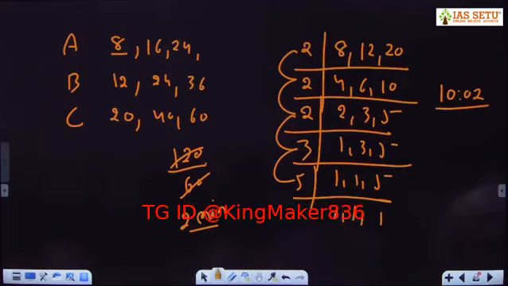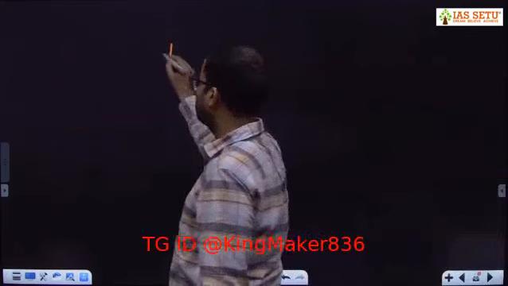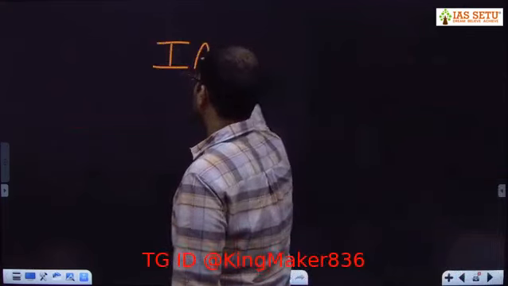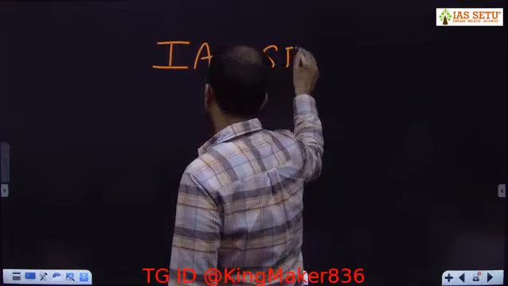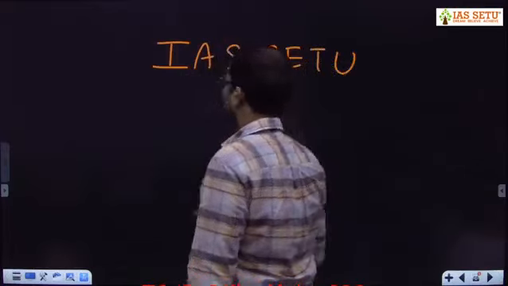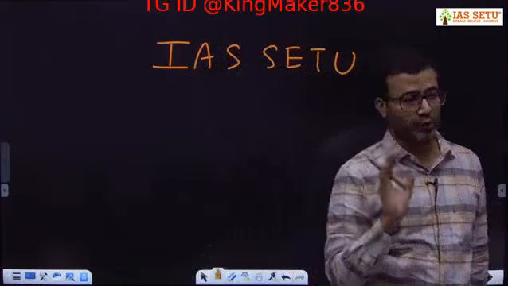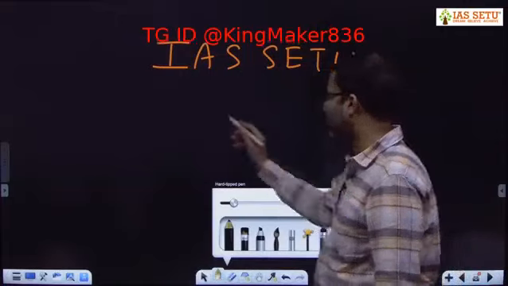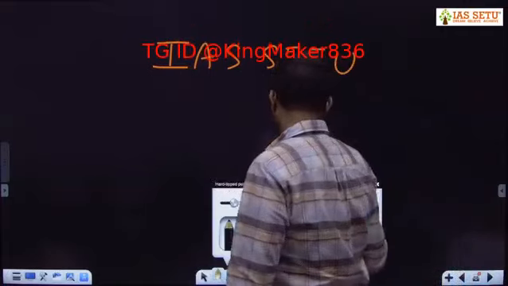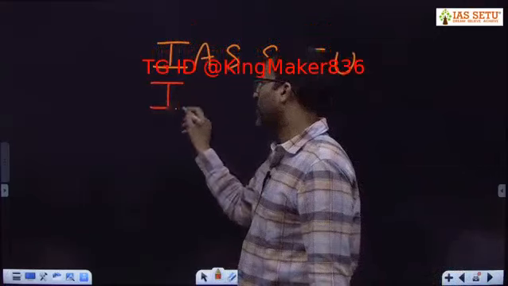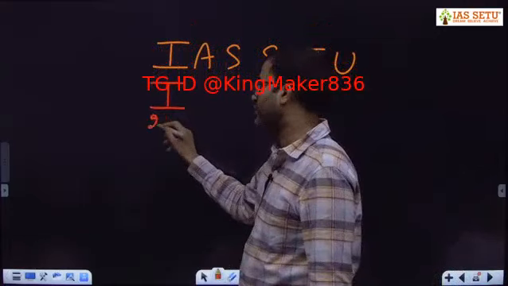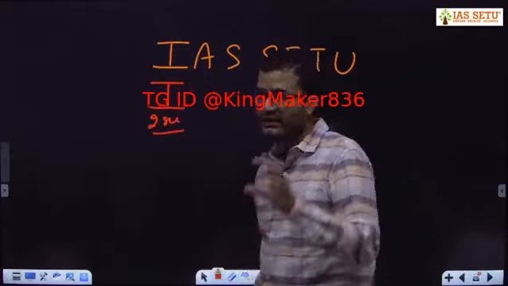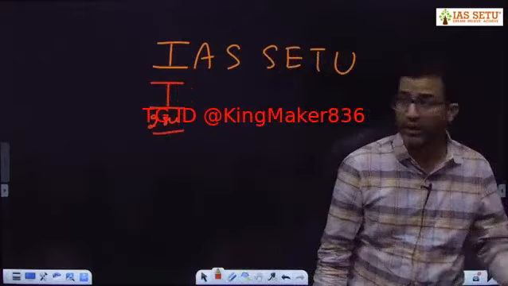Let me take one more question. For our institute, IASSETU, we want a light board. For the first alphabet I, we will have a red color light that blinks every 2 seconds. मतलब यहाँ पे एक रेड लाइट जलेगी हर 2 सेकंड.